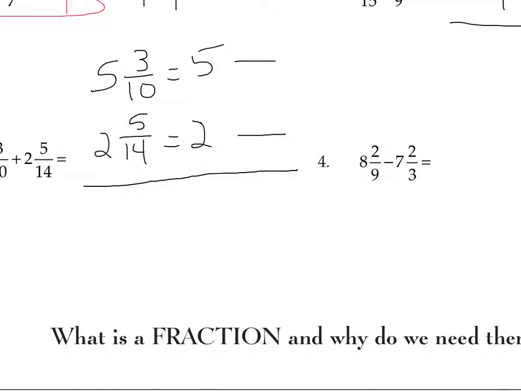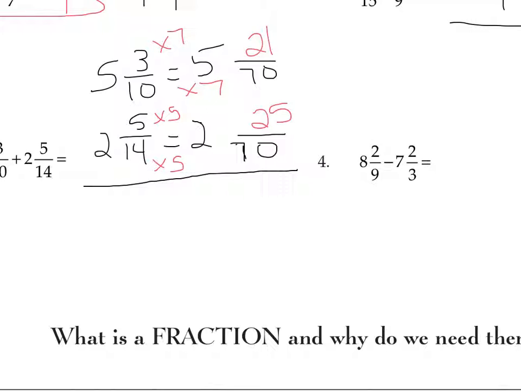The smallest number that 10 and 14 go into is 70. So 10 times 7 makes 70. So 3 times 7 in the numerator is 21. 14 times 5 is 70. So 5 times 5 in the numerator gives us 25.